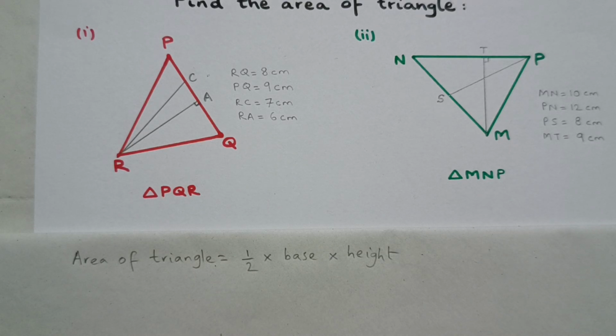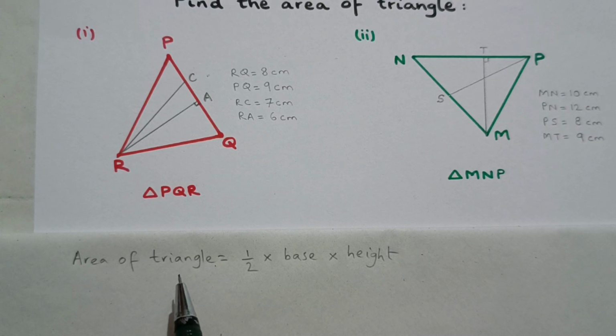Now, what do you mean by base and height? So in this formula, what do you mean by base and height? Now, first let us look at base. So in a triangle, we know that there are 3 sides.